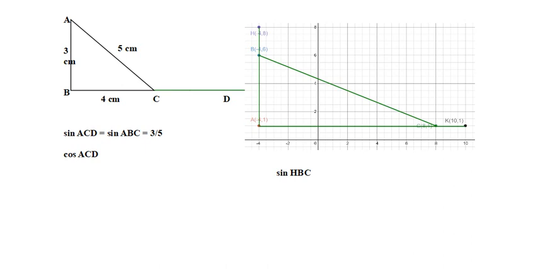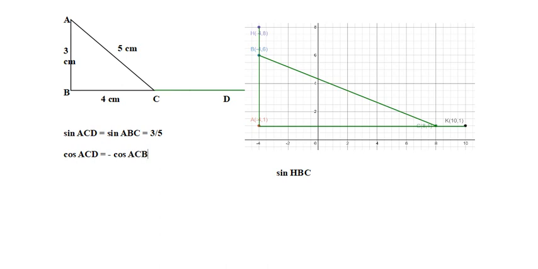So that means, remember, it has to be negative. So cos ACD is actually the negative of cos ACB.